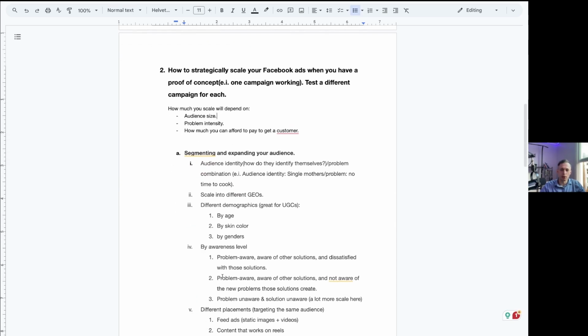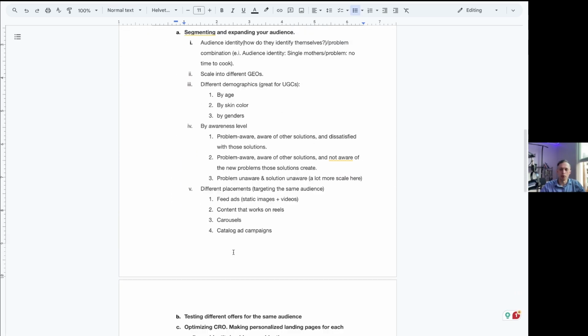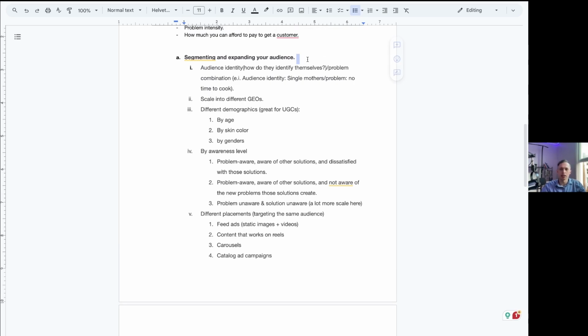This part is going to be about strategy, and the first part here is segmenting and expanding your audience. What I mean by that is, let's say you have a campaign that is working, or you have a product that can be used for different audiences, and it could potentially solve different problems for them. So let's say you have a campaign that sells a product that automatically cooks food for kids, and you sell it to moms, right?